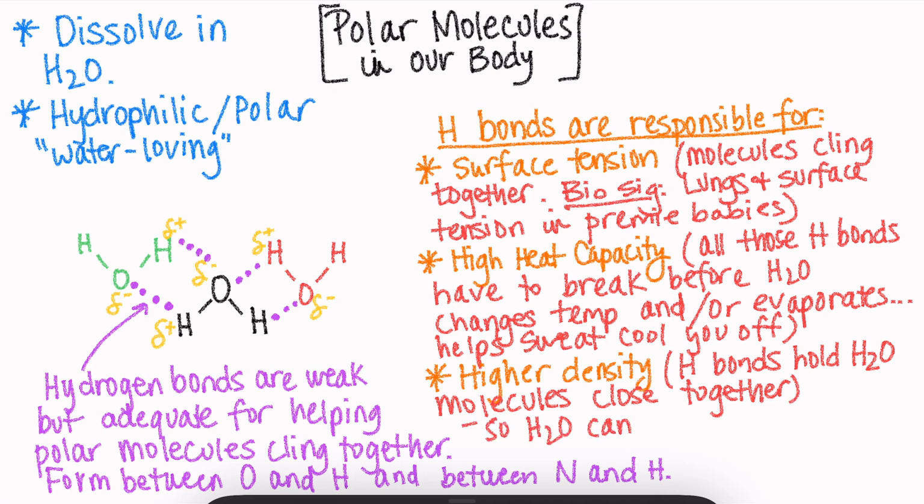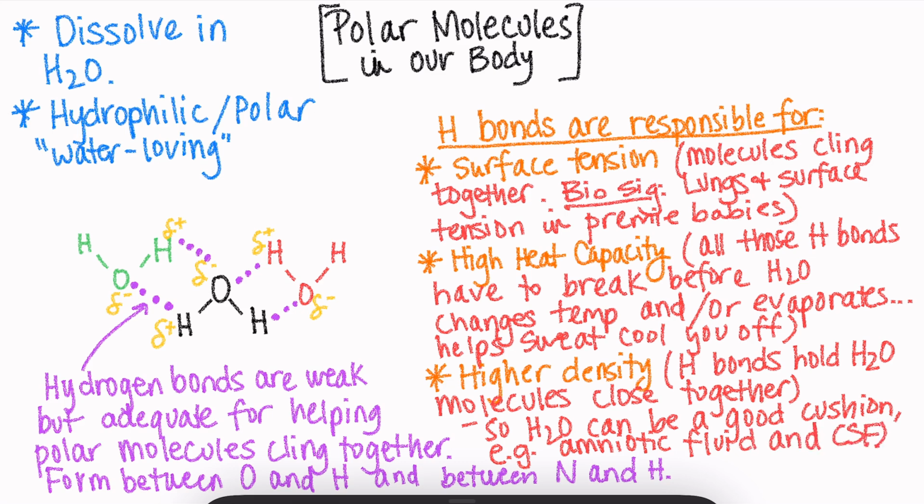So water can be a good cushion. And I'd like to give you two examples. One is amniotic fluid that cushions a little baby, and also cerebral spinal fluid, or CSF, that cushions your brain.